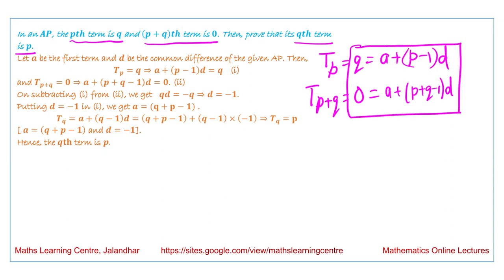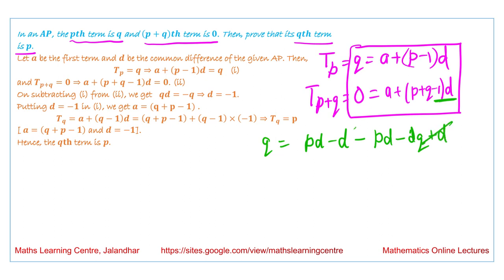Now if we subtract both these equations, we get q is equal to, this a gets cancelled, we are having pd − d and minus pd minus dq, and the next term, since we are subtracting this term, is plus d.